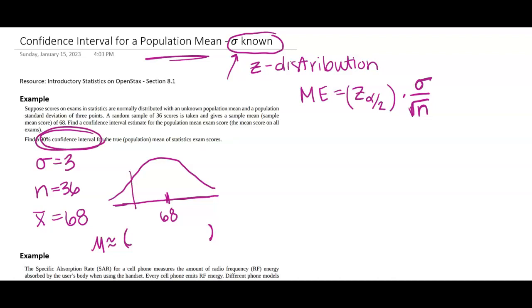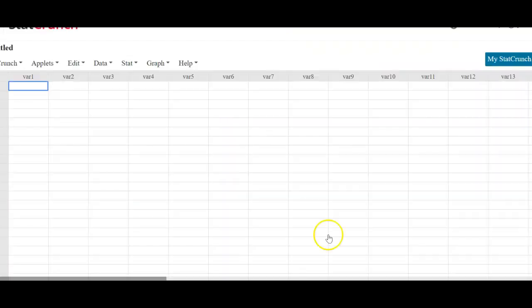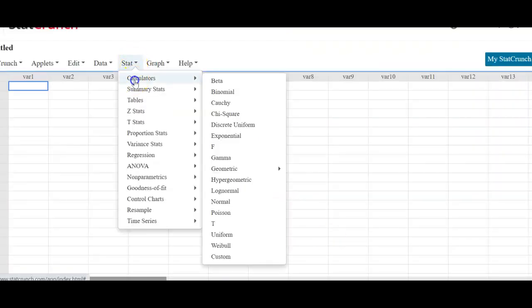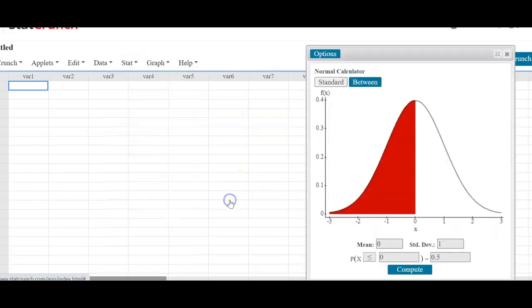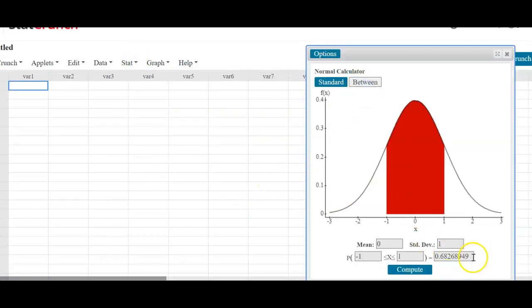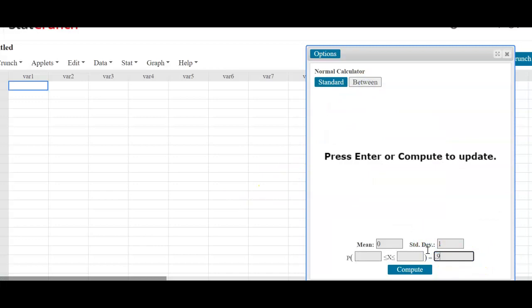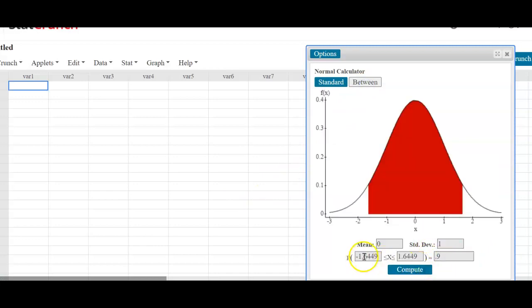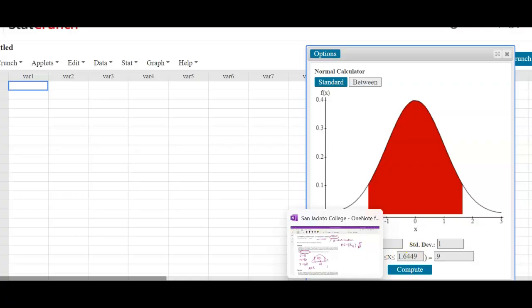Well, I need to figure out what those data markers are so that this is 0.9 of the data. If you go into StatCrunch or any type of programming, let's go ahead and find that. And I get it's between negative 1.645 and positive 1.645.